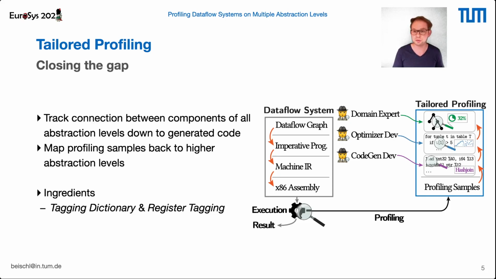Then, when we profile our query execution, we use this information to map our samples with lines of generated code back to the components of our dataflow system. With this, we can then achieve comprehensible profiling results because we now get results for the components we're actually working on. And we do this with two main ingredients, the tagging dictionary and register tagging.